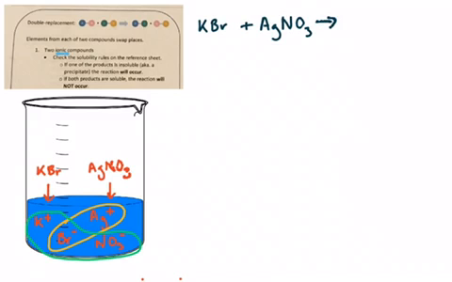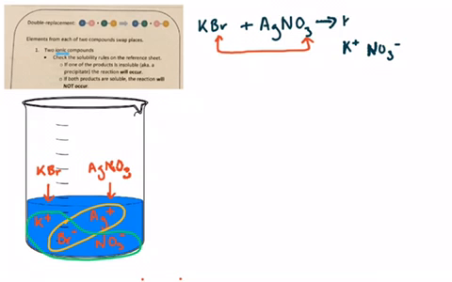So we know in double replacement, we have two ions that are going to swap places. So Br is going to trade places with nitrate, and nitrate will come over and be a part of the compound with potassium. So let's write our new balanced products. If K is +1 and NO3 is -1, then they'll come together in a 1-to-1 ratio.